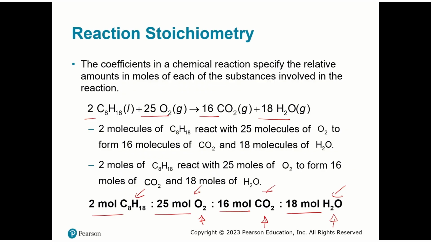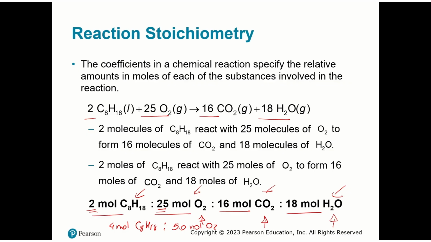And imagine if I double. Instead of 2 moles of octane, I have 4 moles of octane. You should be able to predict how many moles of oxygen I need if I have 4 moles of octane. If I double, of course I need to double this as well, so it's going to be 50 moles of oxygen, because I know that for 2 moles I will need 25.